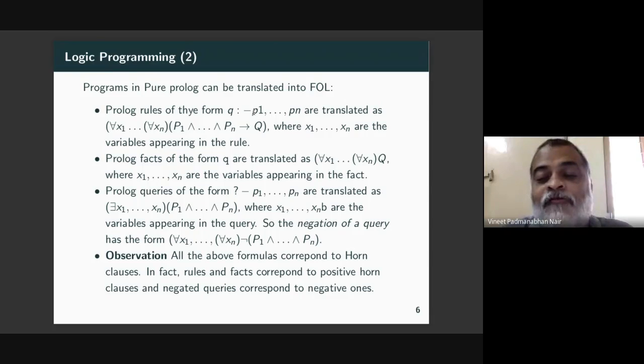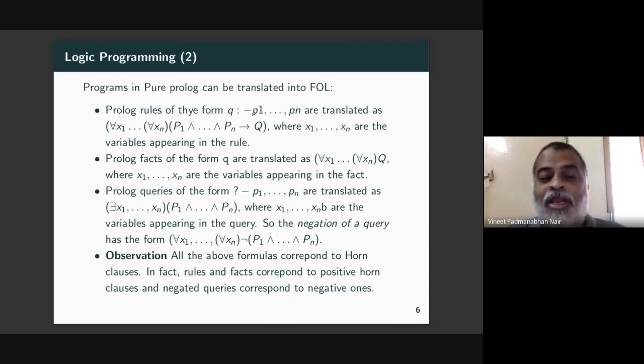It is just waiting for your question so that it can answer. So Prolog queries of the form P1 to Pn are translated as for some x1 to xn. That means, is there at least a single answer you can provide such that P1 and P2 and P3 to Pn, where x1 to xn are the variables appearing in the query.